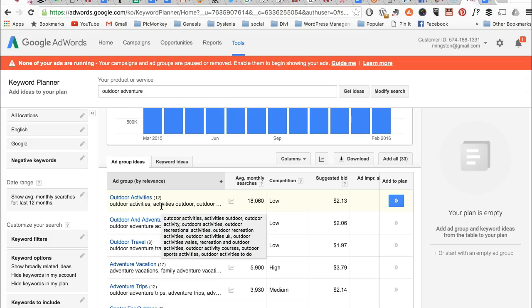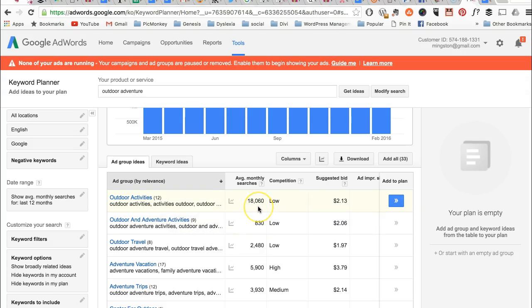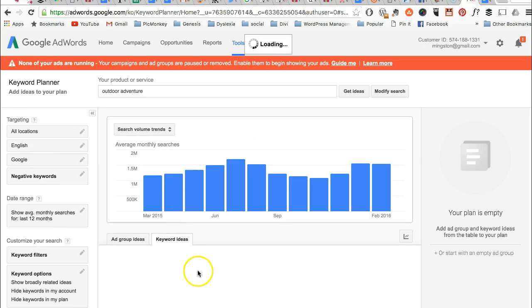But when I hover my cursor over there, it shows you these are the 12 keywords that are grouped in there. So using the word outdoor activities, when you see 18,000 monthly searches, it's actually divided by 12. So you kind of want to think of that.